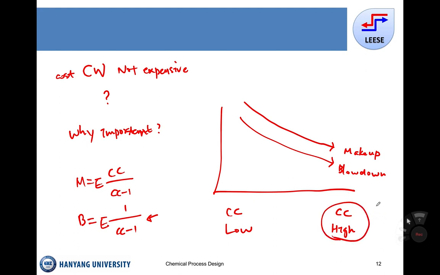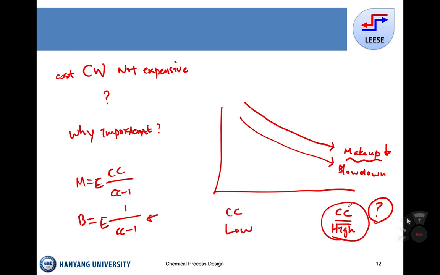Is that economic? Because the makeup water is reduced, so we can save the cost on the water in terms of the makeup. Is that right? So that is the one aspect related with the cycles of concentration. High CC means we can reduce the water requirement for the process, okay?